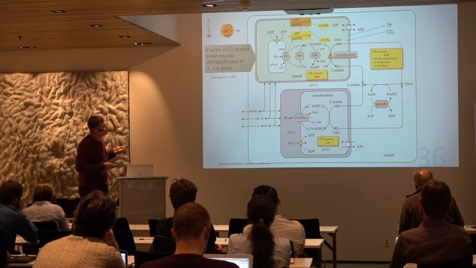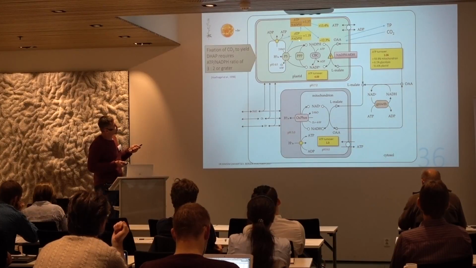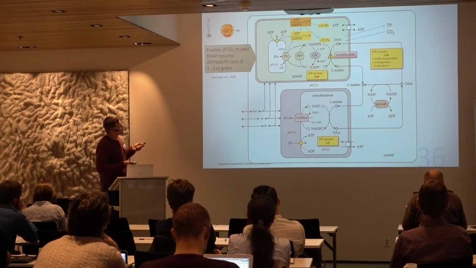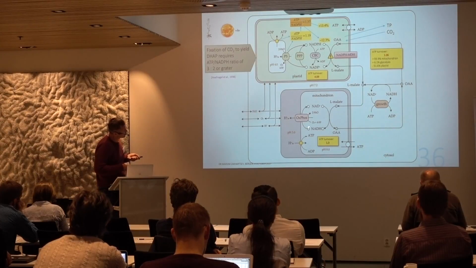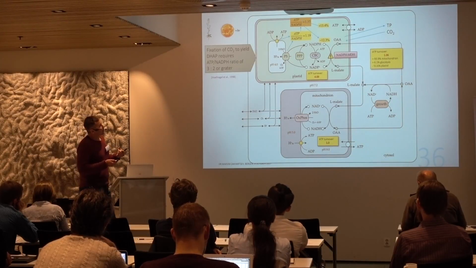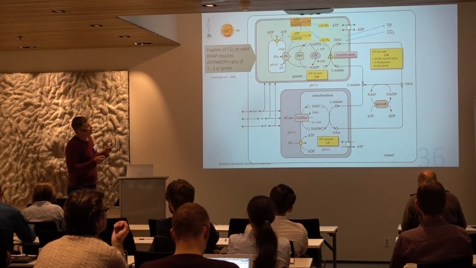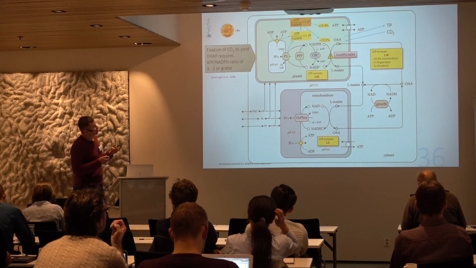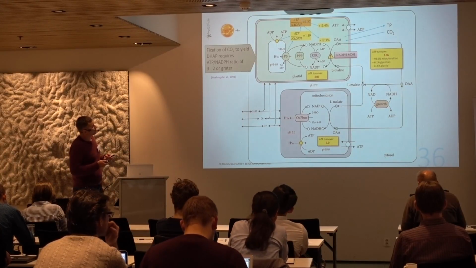But the photosynthetic system naturally produces the ratio 1.2, so it means that the extra ATP has to be taken from cytosol, and the excess of NADPH has to be sent to mitochondria for synthesis of ATP, which turns back to the system, to the plastid.